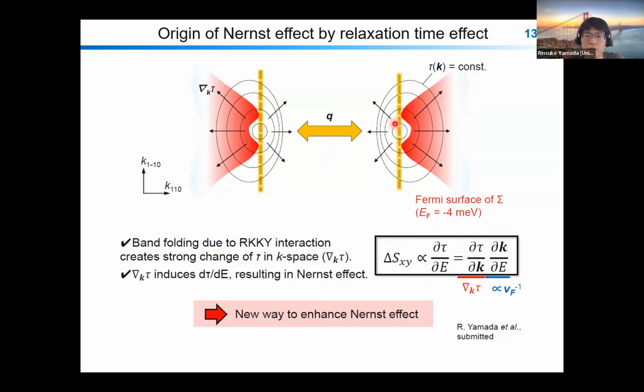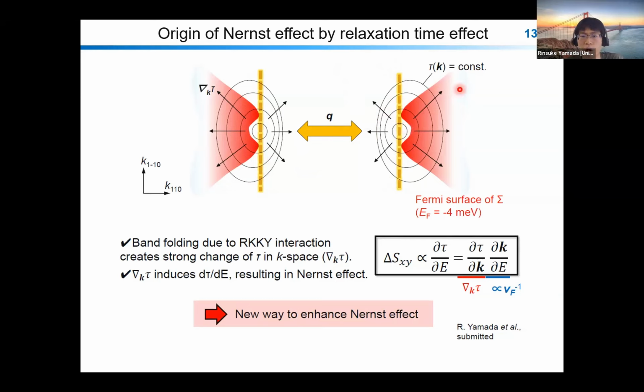Here I'm showing the contour lines of the scattering time. This red one is the Fermi surface, and this yellow line indicates the nesting condition in this compound generated by the magnetic ordering indicated by this Q vector. If we consider the part of the Fermi surface close to the nesting condition, this part would be significantly affected by the band folding of the magnetic ordering.